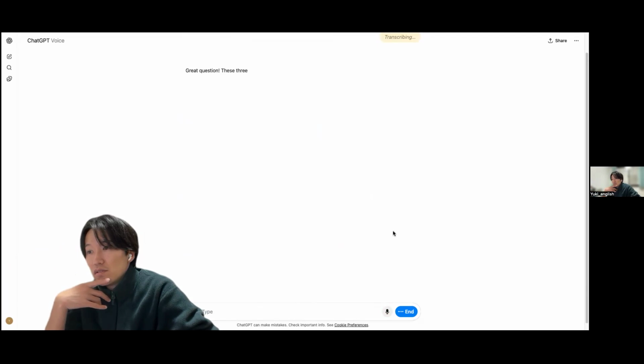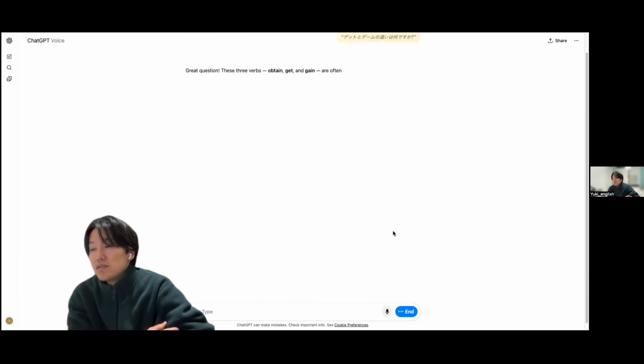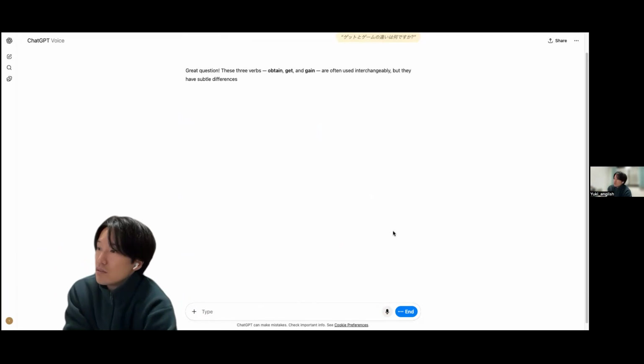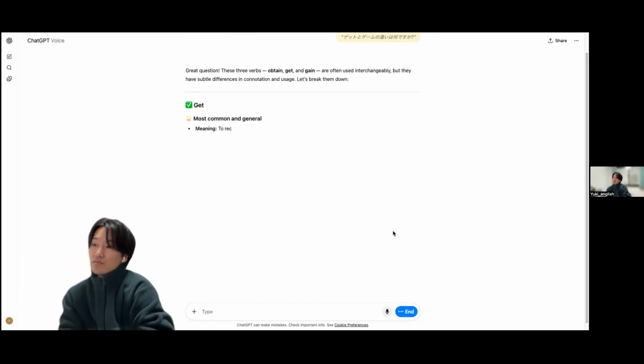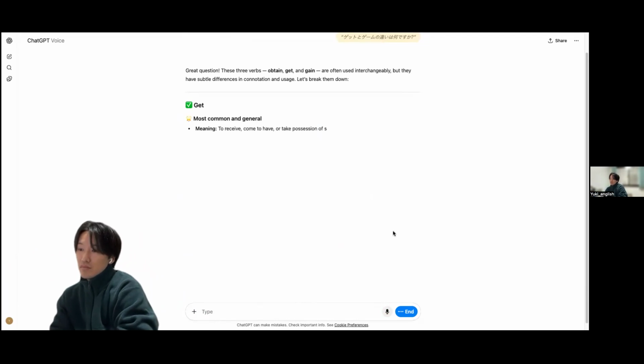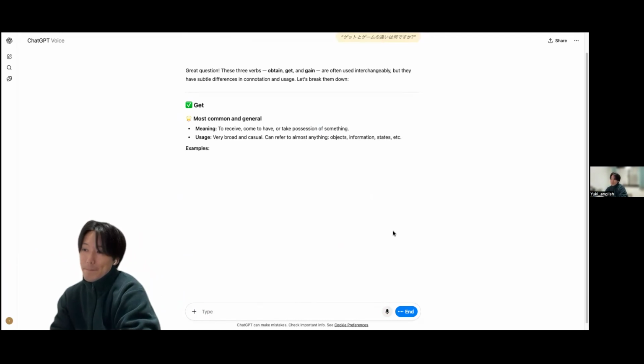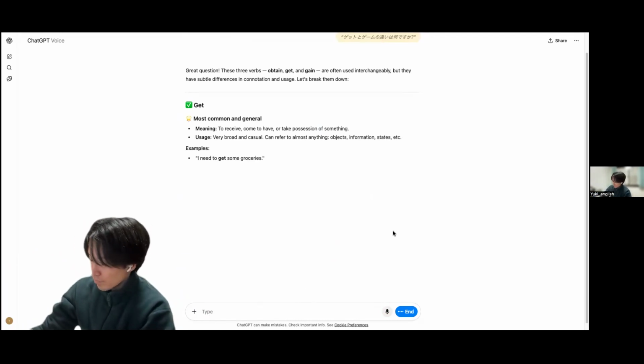Great question. These three verbs, obtain, get, and gain, are often used interchangeably, but they have subtle differences in connotation and usage. Let's break them down. Get: in general, to receive, come to have, or take possession of something. Its usage is very broad and casual, can refer to almost anything, objects, information, states, etc.